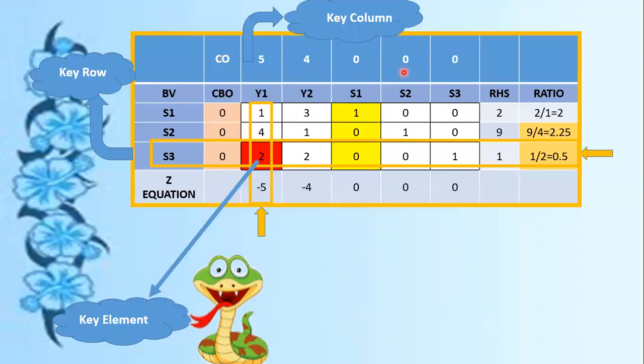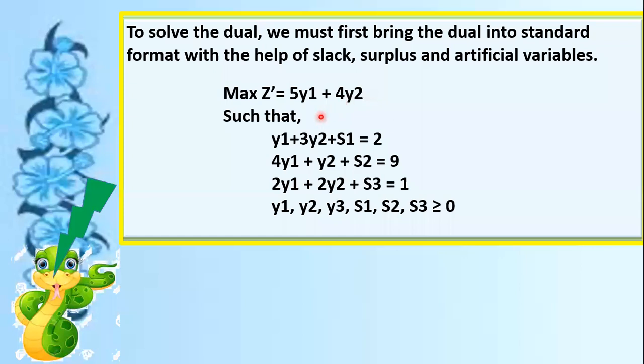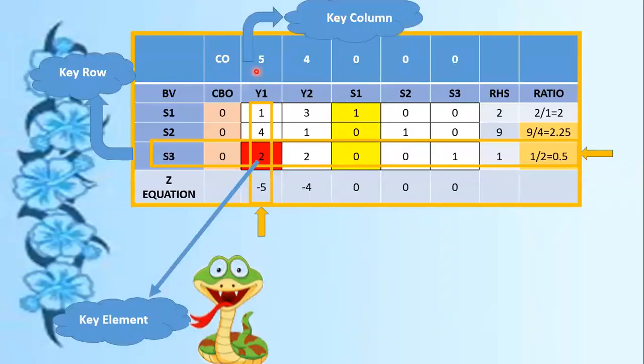Write the respective coefficients at the top. These coefficients have to be taken from the objective function. Coefficient of y1 is 5, y2 is 4, and s1, s2, s3 are 0. So 5, 4, 0, 0, 0.